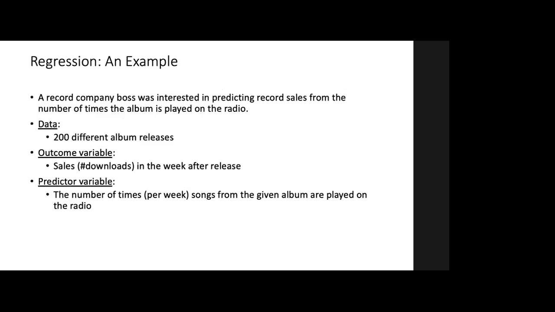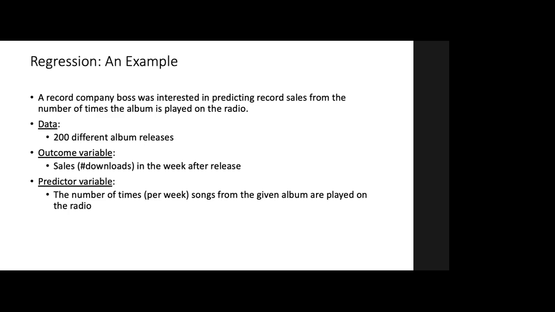Okay, so let's talk about an example, right? Let's assume that a record company is interested in predicting record sales from the number of times an album is played on the radio. Let's assume that our data would be 200 different album releases from 200 different artists.